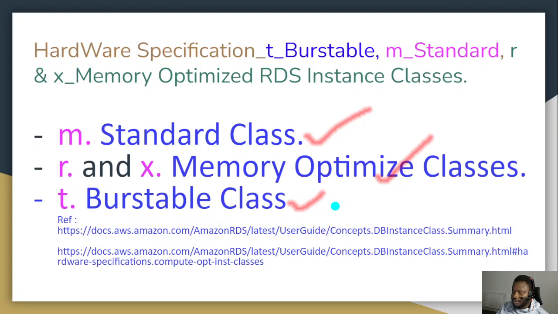You've understood what standard classes, memory optimized instance classes, and burstable instance classes are, and you need documentation that you can use to provide data to your CTO, your chief technology officer, on the reason why you made a decision to go for a specific instance class.